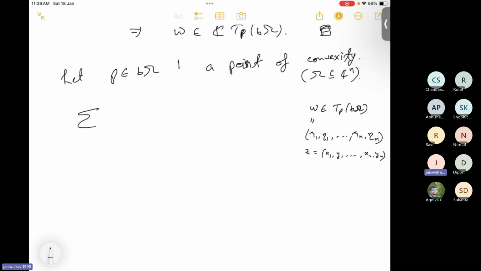So if we write the real Hessian of the defining function, it will look like the sum over j, k from 1 to n of del square rho by del xj del xk at p, xi j.